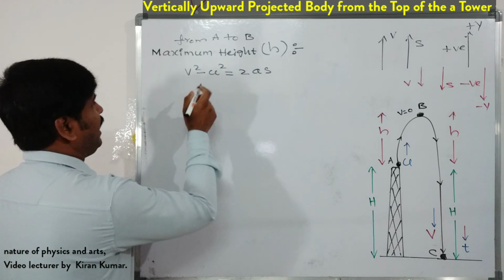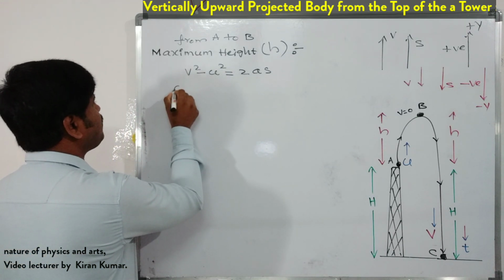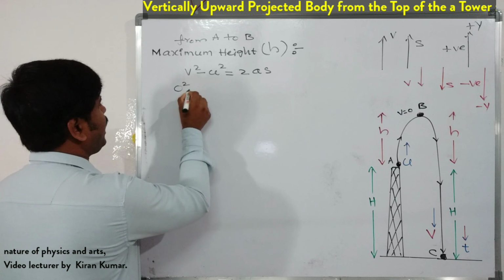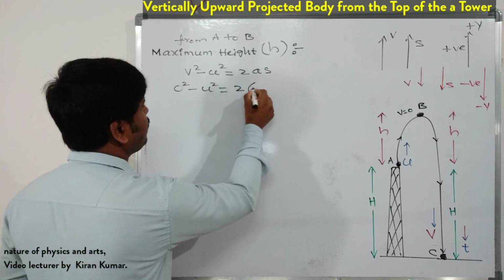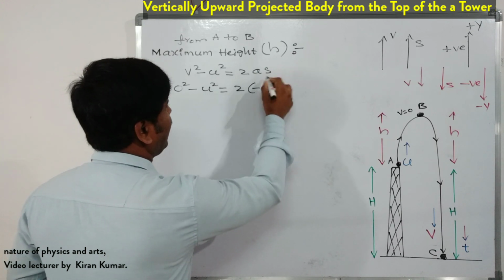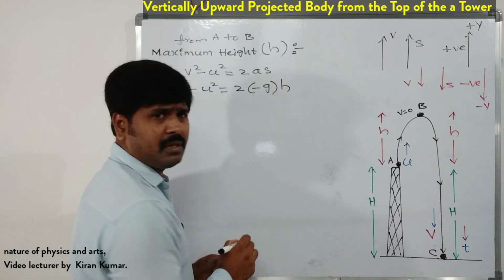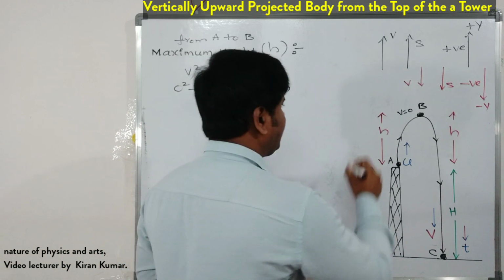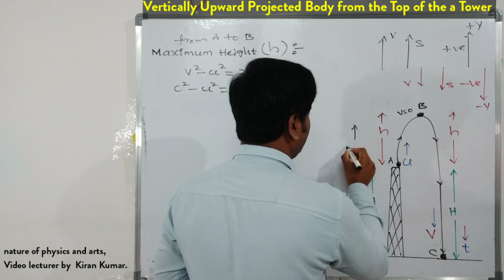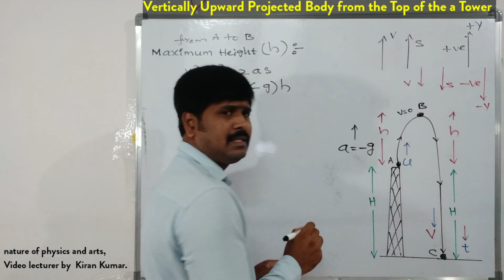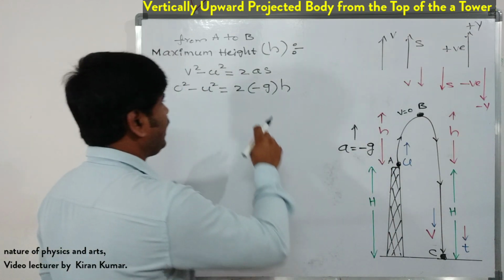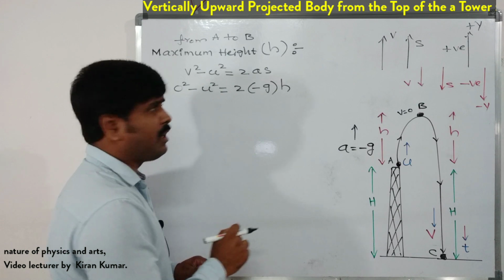So here v becomes 0, so 0 square minus u square is equal to 2 into minus g, and s is taken as h. For upward direction, a is equal to minus g. That's why a is taken as minus g here.